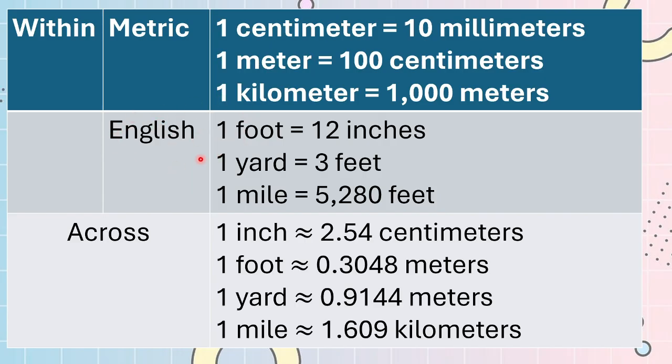So in English, we will be using 1 foot is 12 inches, 1 yard is 3 feet, 1 mile is 5,280 feet. Okay, across systems, 1 inch is equal to 2.54 centimeters. 1 foot is 0.3048 meters. 1 yard is 0.9144 meters. 1 mile is 1.609 kilometers.